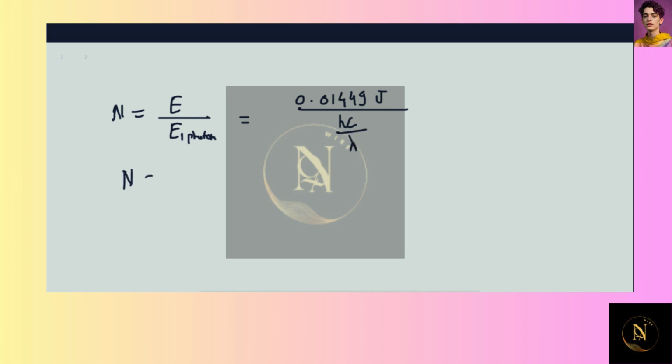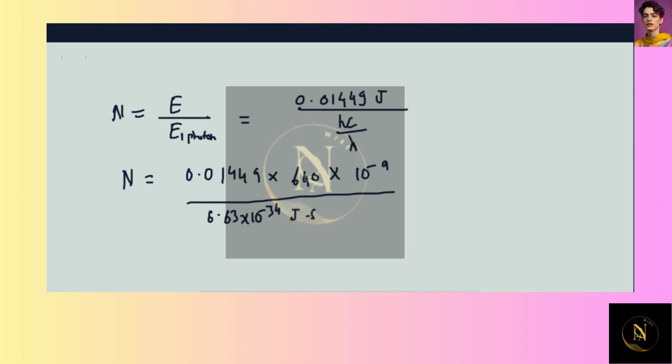So the number of photons in that pulse are 0.01449 times the wavelength, which is 640 times 10 to the power minus 9, sorry, minus 9, not 19, divided by h, which is 6.63 times 10 to the power minus 34 joules second.